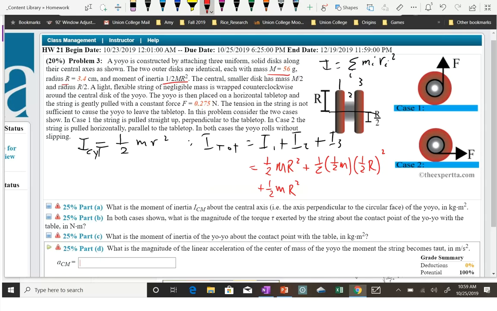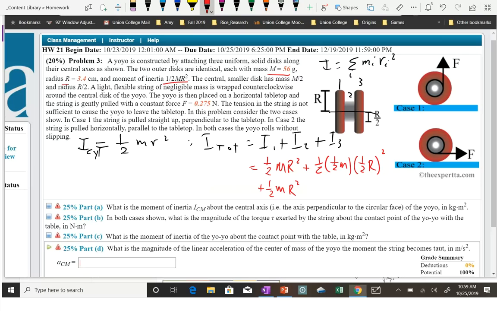So I'm accounting for each of the 3 cylinders. And keep in mind, the reason I have parentheses 1/2 M and parentheses 1/2 R for the middle one is because it has a smaller radius and a smaller mass. So we are not unsophisticated here. 1/2 squared, what's 1/2 squared? 1/4. Times 1/2. Times 1/2. So this is 1/16 times MR squared. 1/2 plus 1/2.